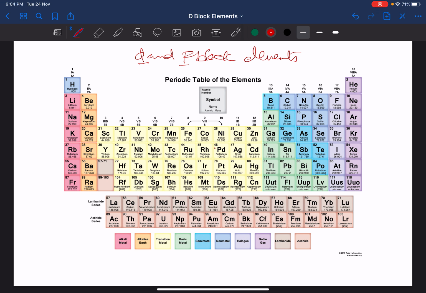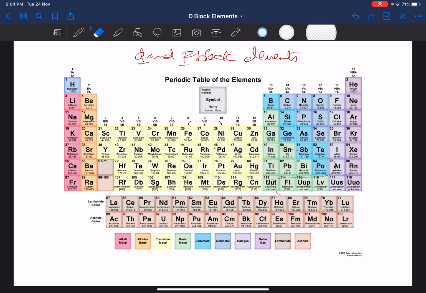D block elements are the elements which are filling the d orbital. We have already known the block elements, that is s block, p block, d block and f block.